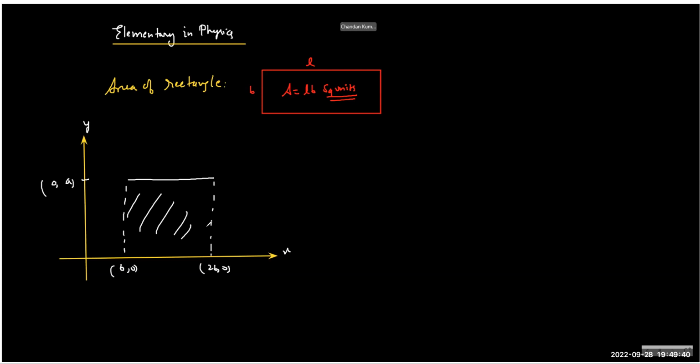Can you find this area? Yes or no? Yes. How much is this area? AB. Okay. So why were you able to find the area? Because you know this is a rectangle. So you know the formula you applied.